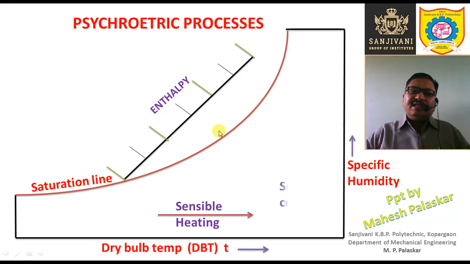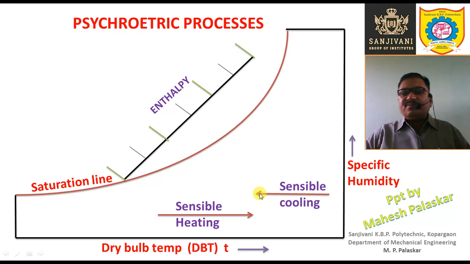Now the next process is the sensible cooling process. Sensible cooling is just opposite to sensible heating. During sensible cooling, the dry bulb temperature is decreased, right? Dry bulb temperature is directly decreased. So this is represented by a horizontal line with an arrow pointing in the left direction, and there is no change in the specific humidity or the humidity ratio, right?